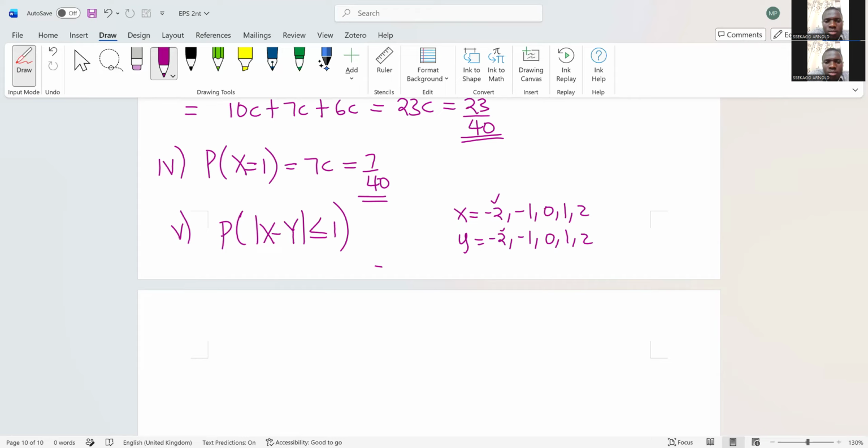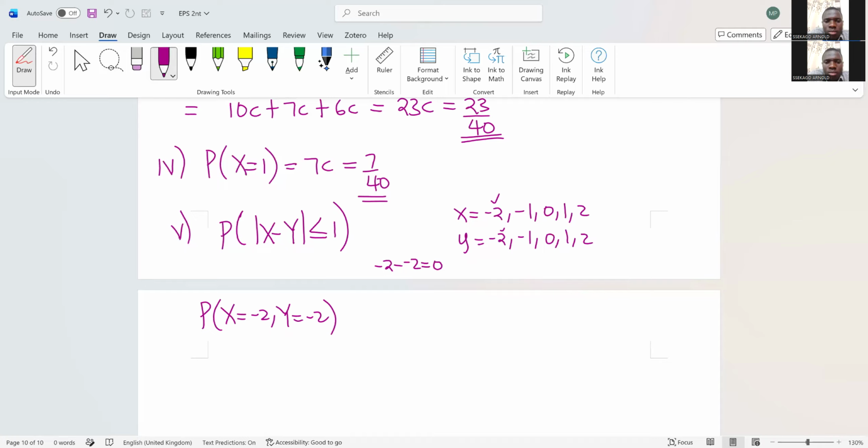Subtract -2 minus -2, this is a 0. And 0 is less or equal to 1. It is less than 1, in fact. So this qualifies. The case for probability of x equals -2, y equals -2 qualifies. Why? When I subtract those two values, I get a 0, which is less than 1.